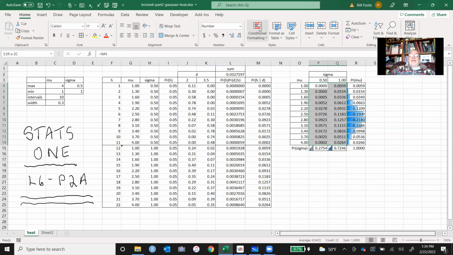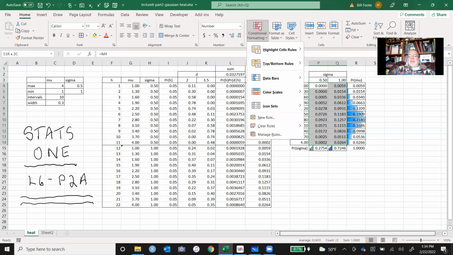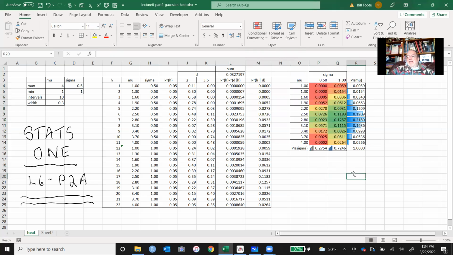Going to conditional formatting, we can go to color scales and put all sorts of things in there. Now, this is a real traditional heat map. Red is bad, green is good, and something in between. We've got oranges and green and lighter green, and so on.